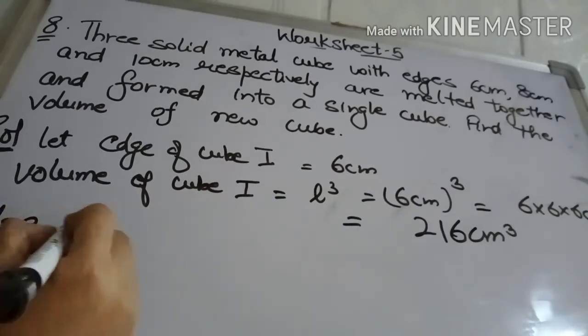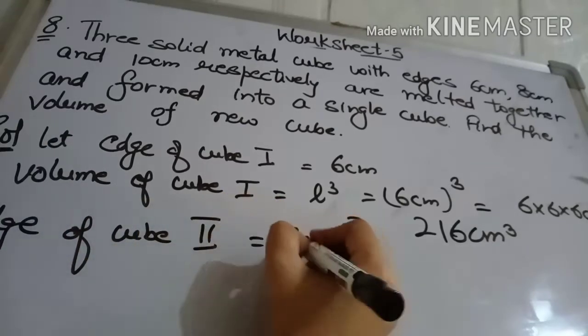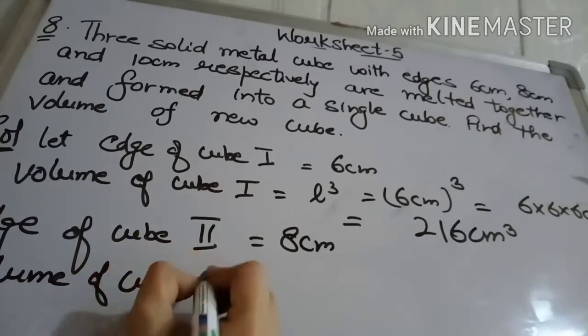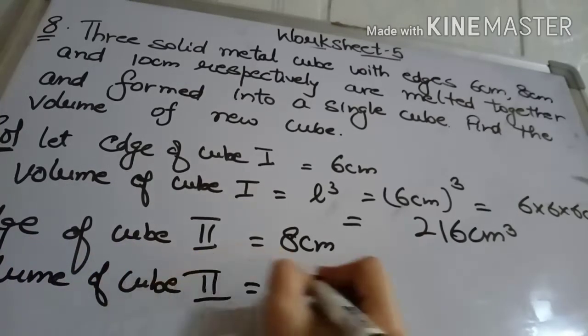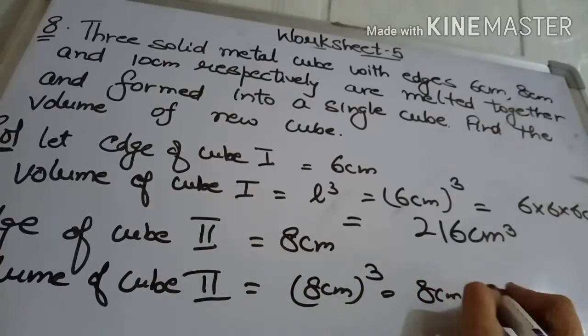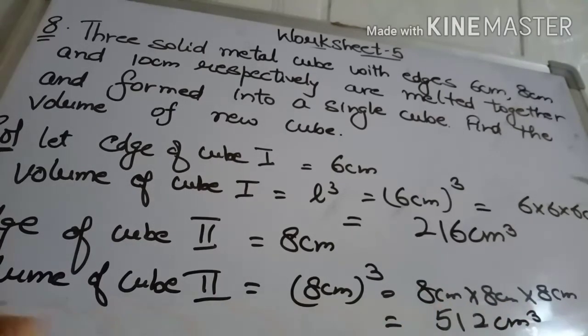Edge of the second cube is 8 centimeter. Volume of the second cube is equal to 8 centimeter cube, 8 centimeter into 8 centimeter into 8 centimeter. 8 eights are 64, 64 into 8, 512 centimeter cube.